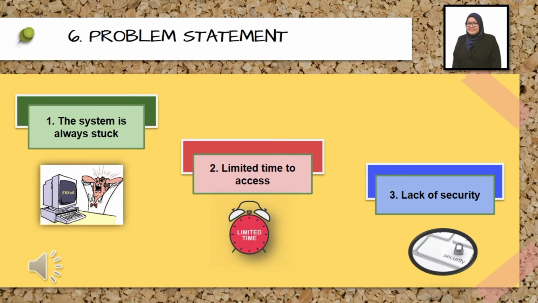Next, limited time to access. The system already sets a limited time for students to register for college. This makes problems for students when they want to register. When the system is closed, students cannot register for college until the result of successful college placement comes out.